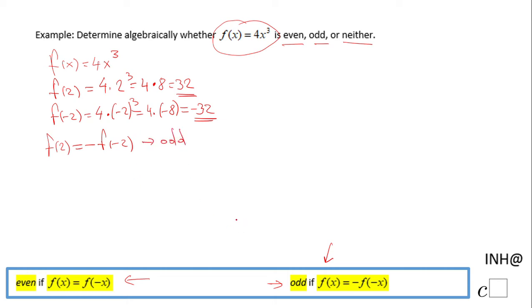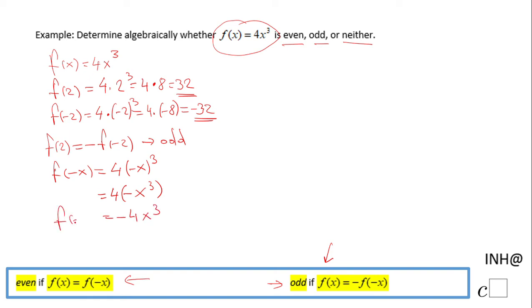But let's see the algebraic way, which says evaluate f of negative x, which is nothing else than 4 times the quantity negative x cubed. And negative x cubed means negative x times negative x times negative x, which is going to be negative x to the third power. And finally, this is going to be negative 4x cubed.